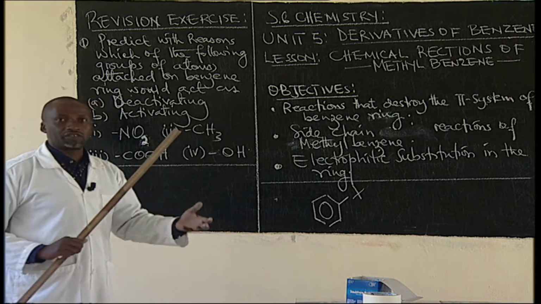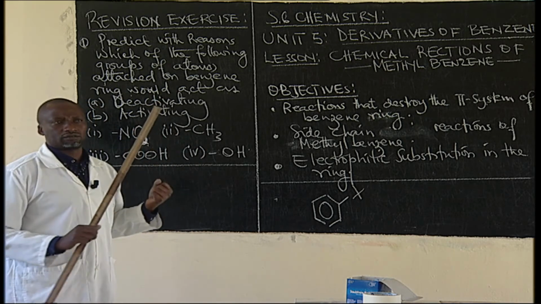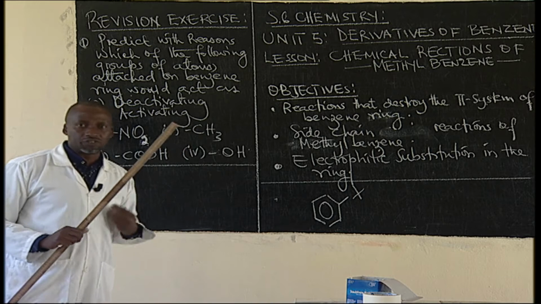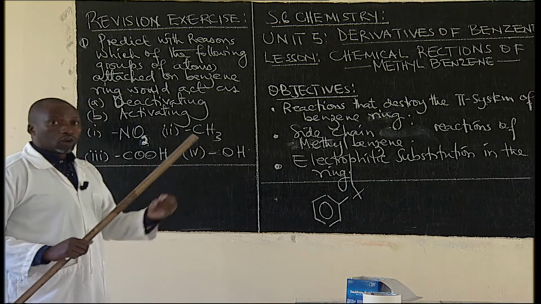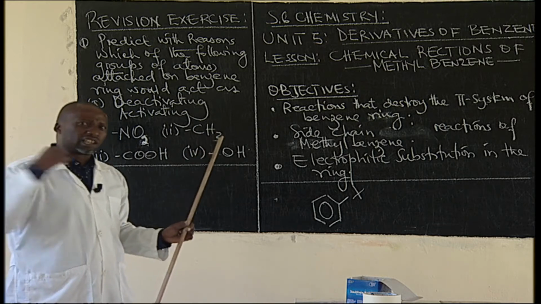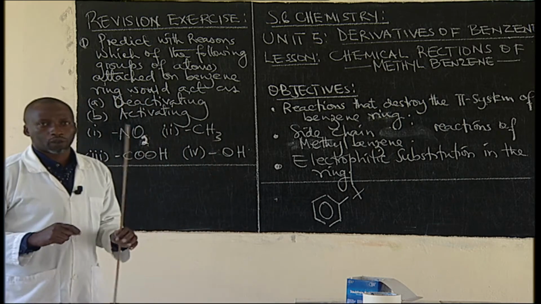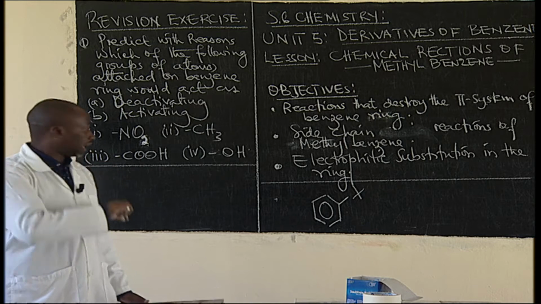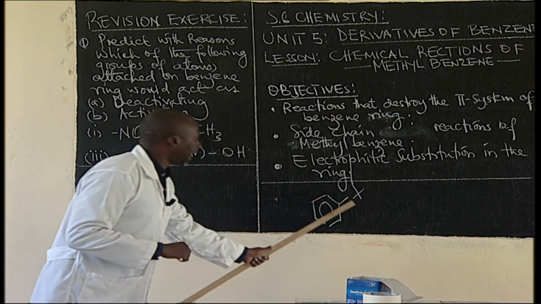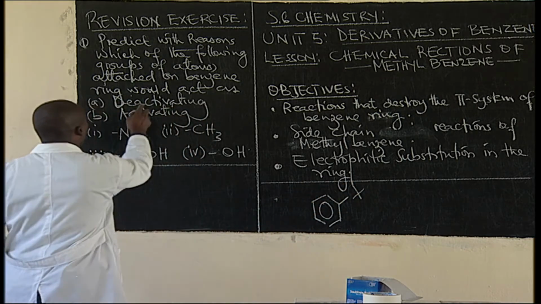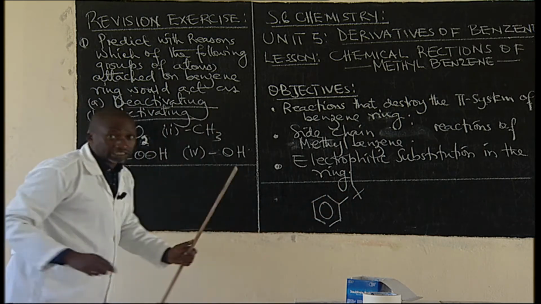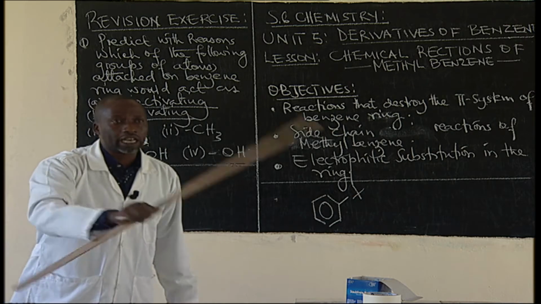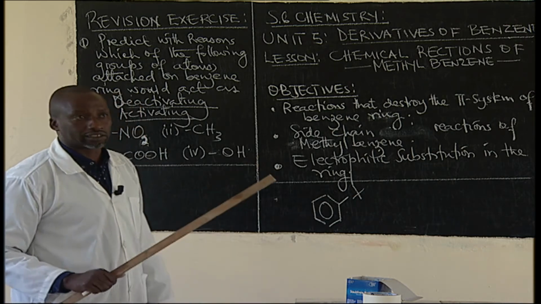Deactivating means reducing the reactivity of the benzene ring towards electrophiles, and activating means increasing the reactivity of the benzene ring towards electrophiles. So X can be deactivating or activating, depending on the nature of X.